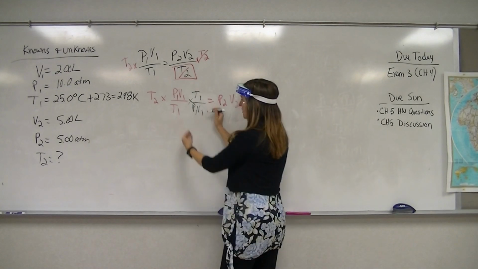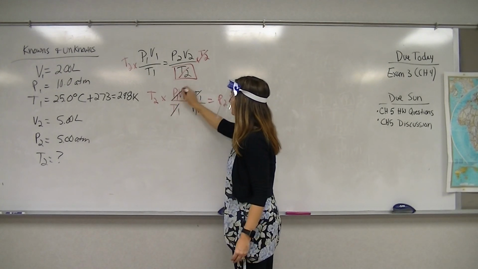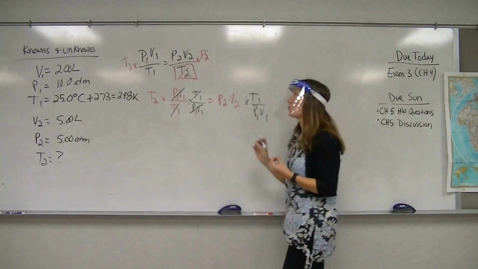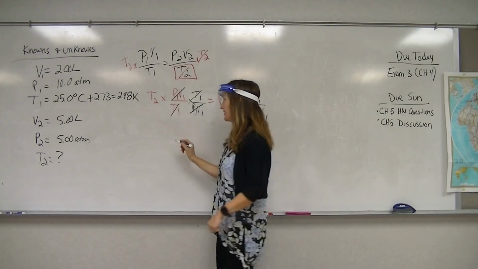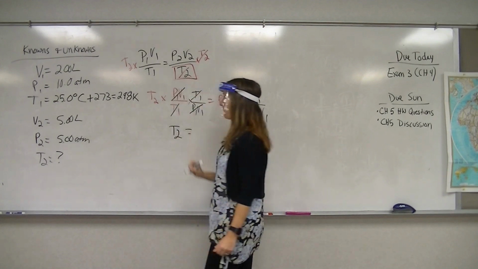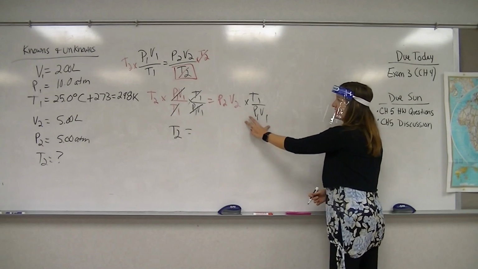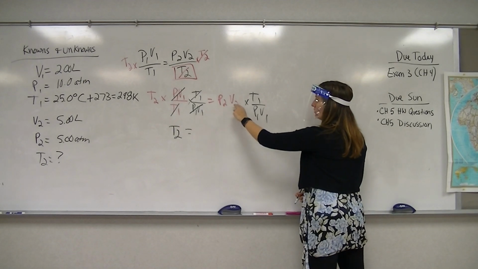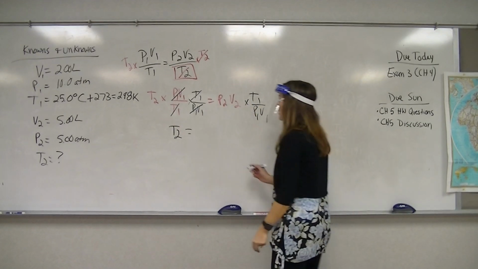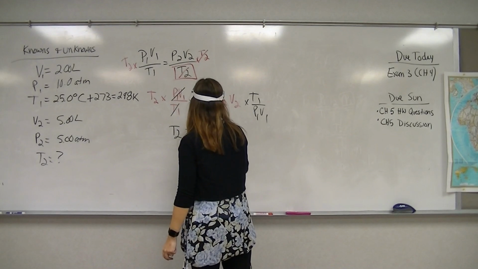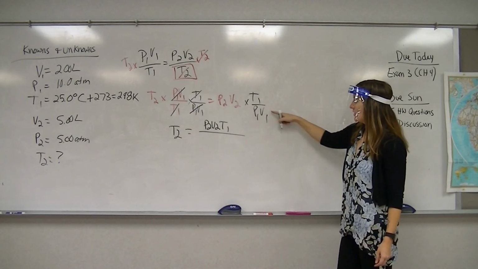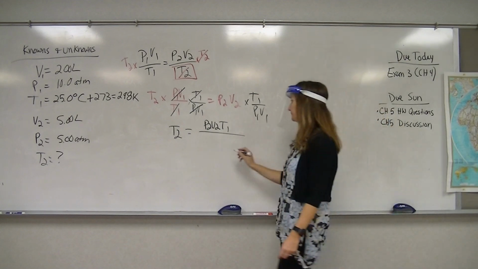On this side of the equation, it all cancels, which is what I wanted because I need T2 by itself. But on this side, now I can combine all this. In the numerator, I'm going to have P2, V2, and T1, all multiplied by each other. And then in the denominator, I'm going to have P1 and V1.